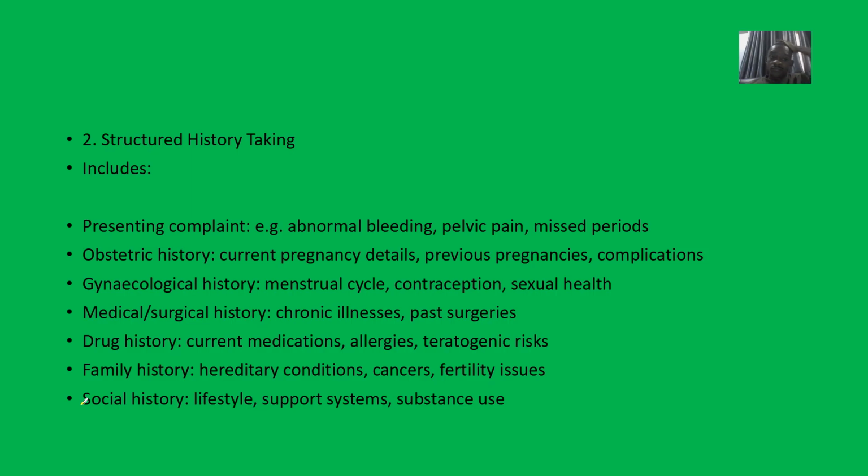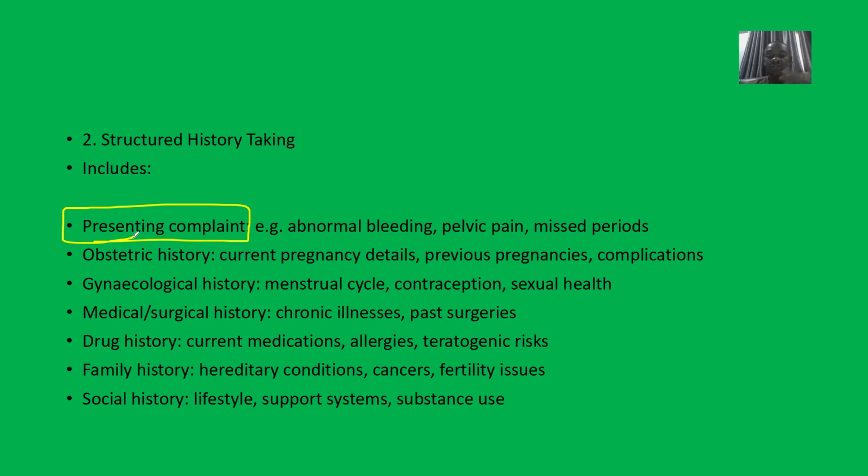Okay, so structured history taking. First of all, try to know the main reason why the patient actually came to the hospital. Okay, then in obstetric history, that's where you try to know about their current pregnancies, their previous pregnancies, and any complications that came up.